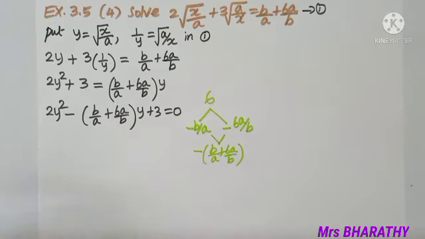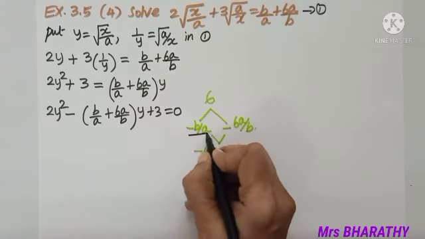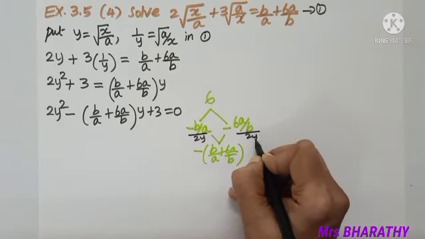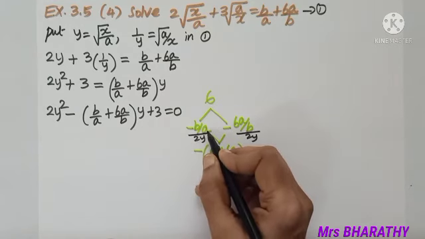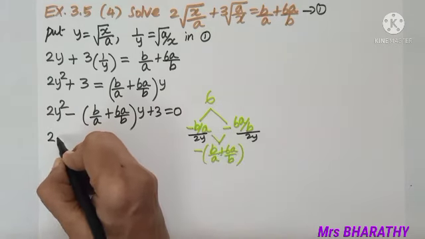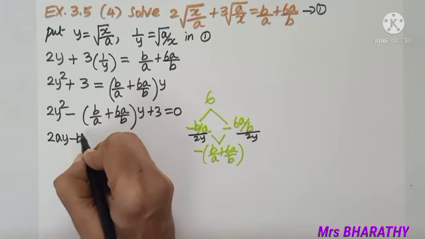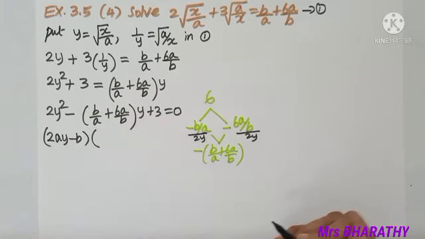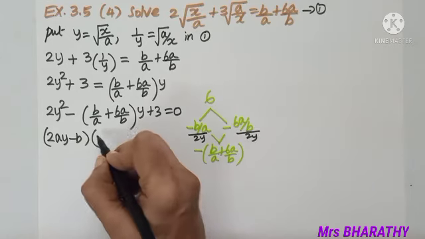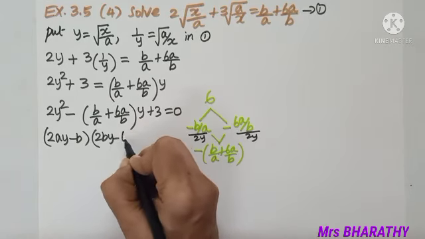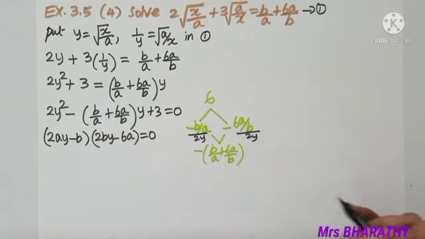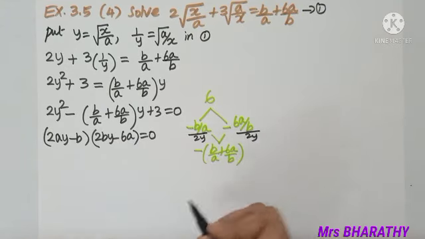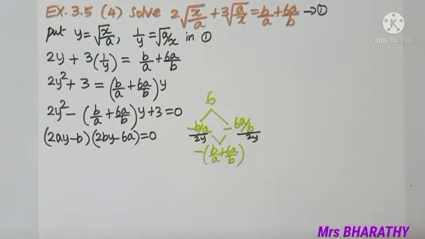And here I have 2y squared. So I will divide by 2y. And as I simplify, it is 2ay minus b, first factor, into 2by minus 6a equal to 0.